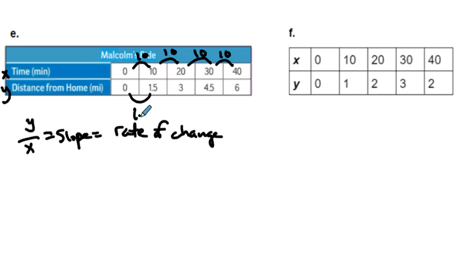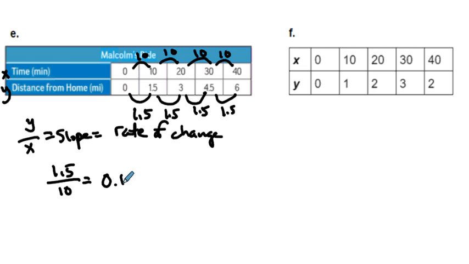This one goes up 1.5. From 1.5 to 3, it also goes up 1.5, and it continues to do this throughout the duration of these values. And so you always have this value right here: 1.5 over 10, which is the same as 0.15. So that's my rate of change.